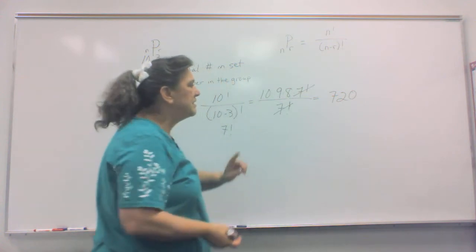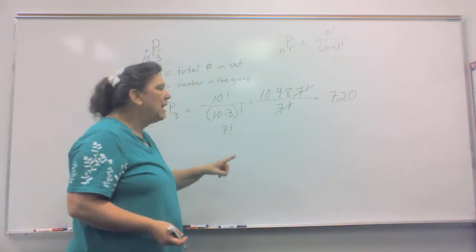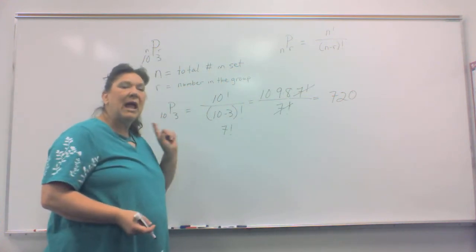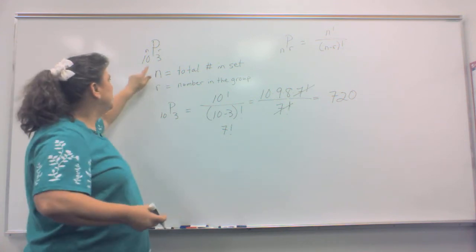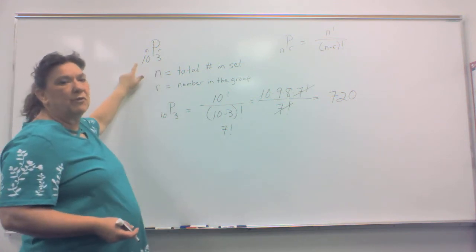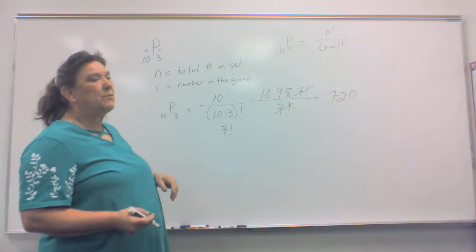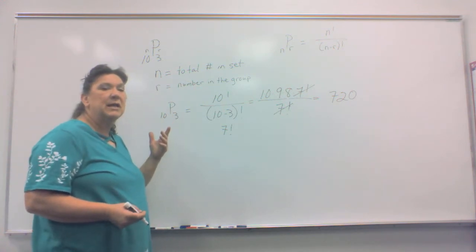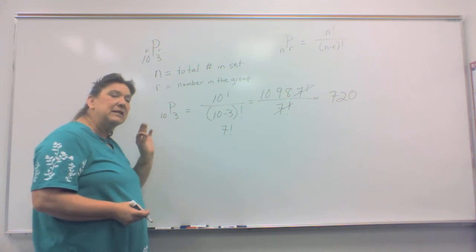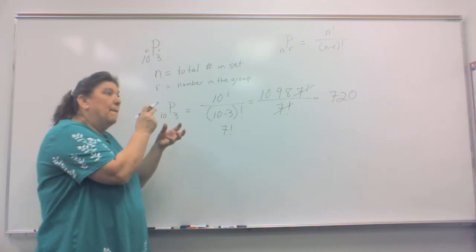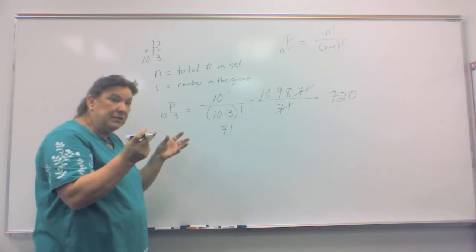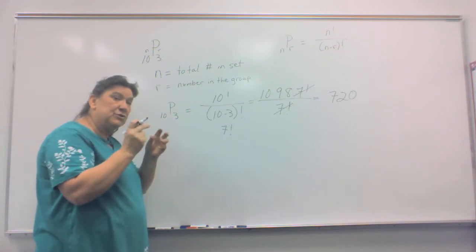So we have 720 possible outcomes in choosing a group of 3 from 10 elements. So you can see how big it is. Now remember, in permutations, every single kind of group, even though the order is different, is still an individual group.